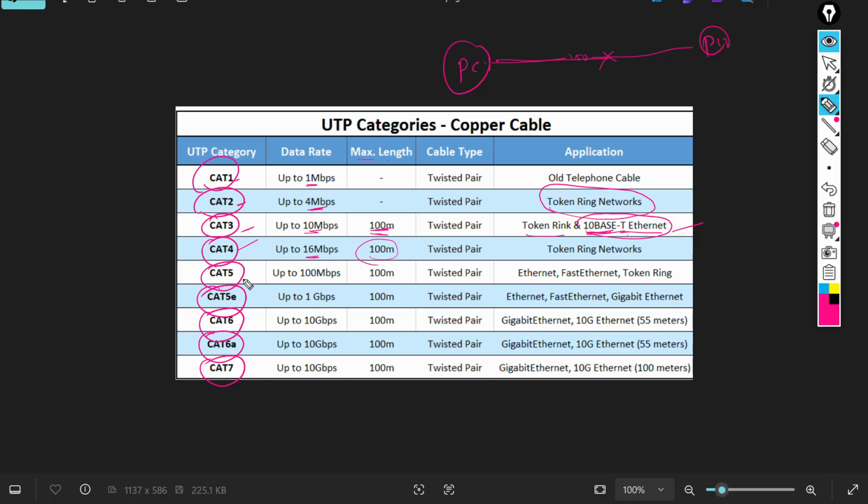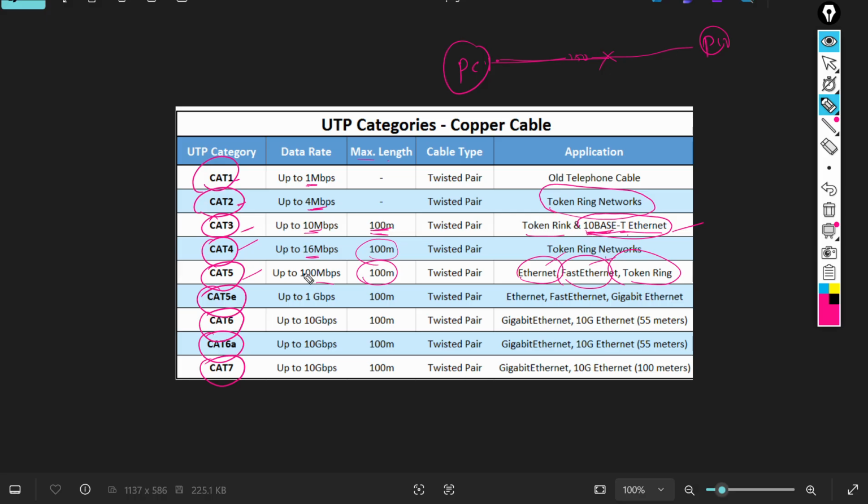Next, category 5. Category 5 supports up to 100 Mbps and the distance is 100 meters, and it is used in Ethernet, fast Ethernet and token ring. Nowadays we are using Ethernet, fast Ethernet, right? So you can use category 5, but the category 5 supports only up to 100 Mbps data speed.